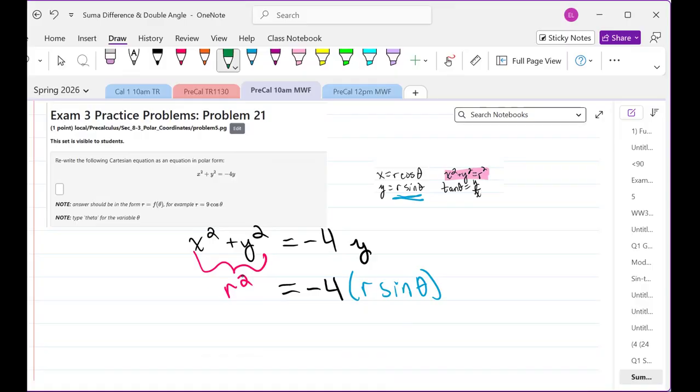So both sides have an r. So I'm going to divide both sides by r. Normally, we never, ever, ever divide by a variable. But in polar equations, when we're trying to simplify them down to r equals, we can do this.